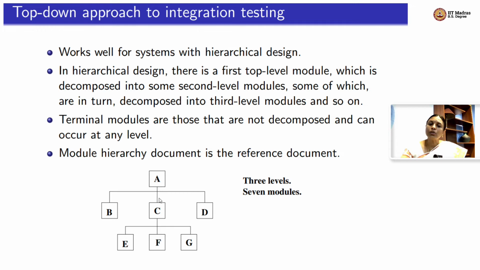So we would like to test these call interfaces. And sometimes it might happen that particular parts of these modules are not fully ready. So this call interface here, A calling these 3 modules B, C, and D, C in turn calling the modules E, F, and G, is hierarchical, right?